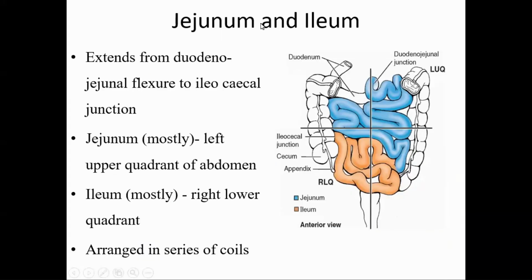The jejunum and the ileum extend from the duodenojejunal flexure to the ileocecal junction. The duodenojejunal flexure lies to the left of L2, whereas the ileocecal junction is present at the junction of the transtubercular plane and the right lateral plane. You know how to draw the transtubercular plane and the right lateral plane, yes or no?